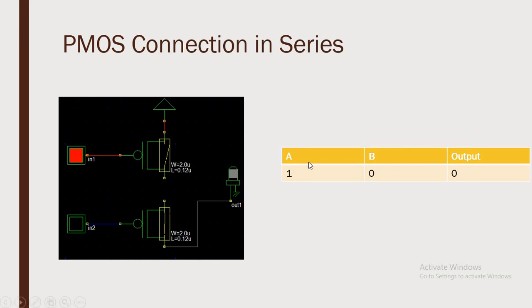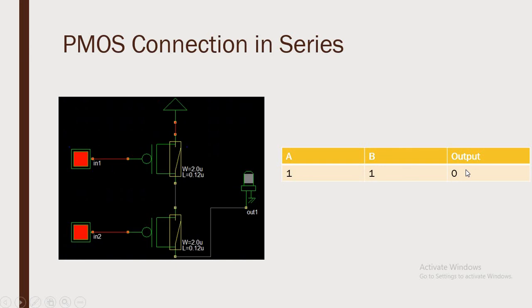So whenever we apply input A is 1 and input B is 0, we can see our output is 0. Now discussing the last case, when both our inputs are 1. When both inputs are 1, it means high voltage at the gate terminal. Now high voltage at the gate terminals means both transistors will become open circuited.